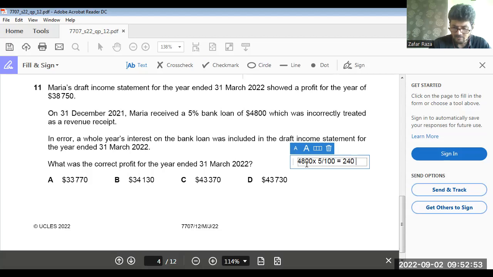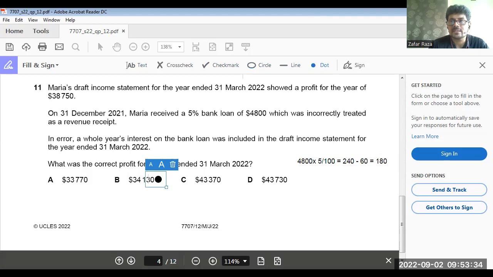That is 60. But they have included the whole year's interest as expense. So 240 minus 60 is equal to 180. 180 is included in net income as expense, but the real expense for 3 months was $60. So we have to add back 180. Now see, 38,750 minus 4,800, the loan amount, plus 180, the interest amount of 9 months which was mistakenly added, is 34,130. So B option is the answer. Okay, getting my point clear?